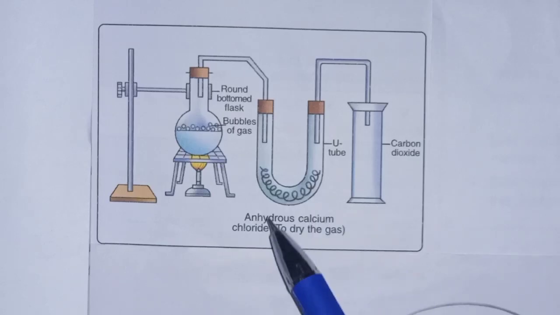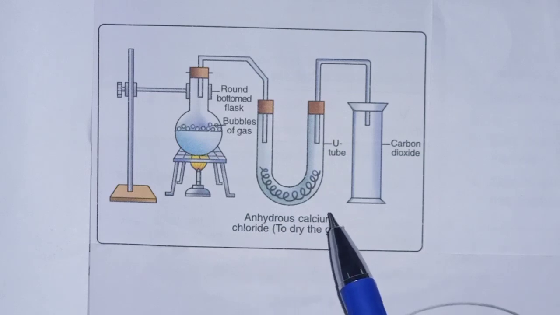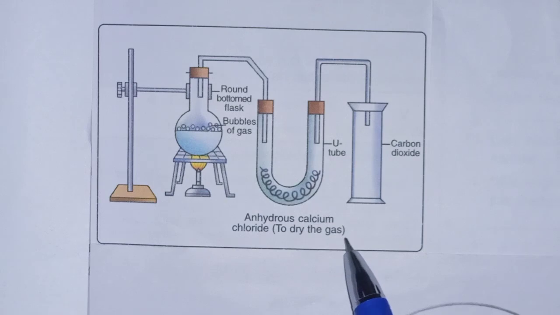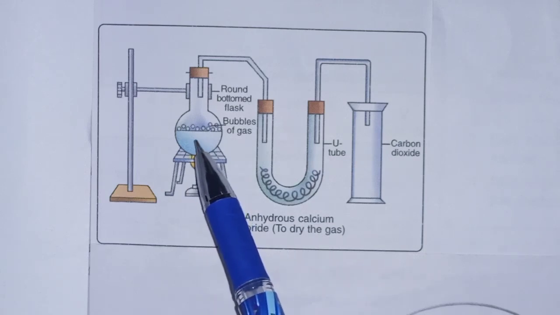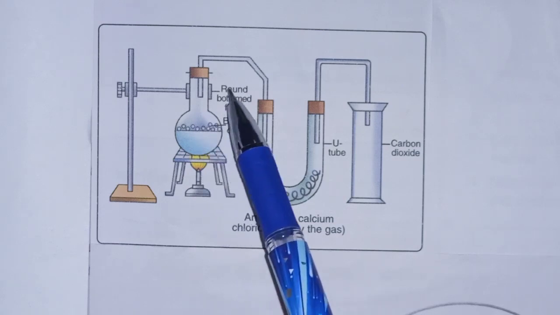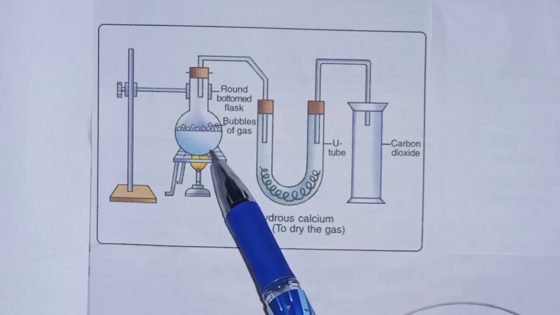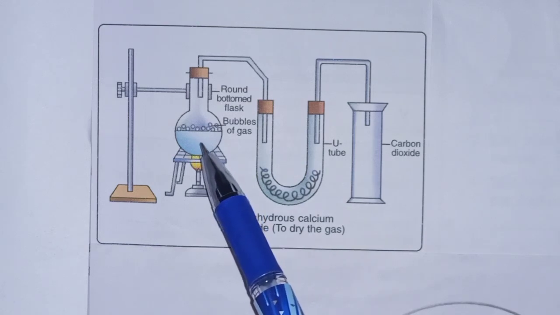Now let's see the apparatus arrangement for the removal of gas using anhydrous calcium chloride. Okay, we have to take the mixture in this round bottom flask. See here, the round bottom flask is there, and suppose it is a mixture of carbon dioxide and water.